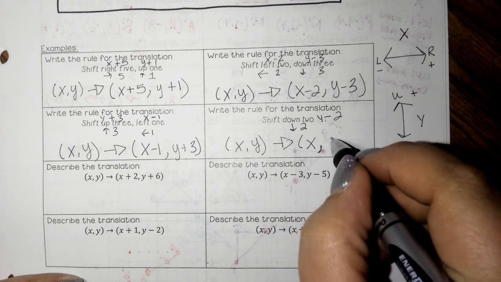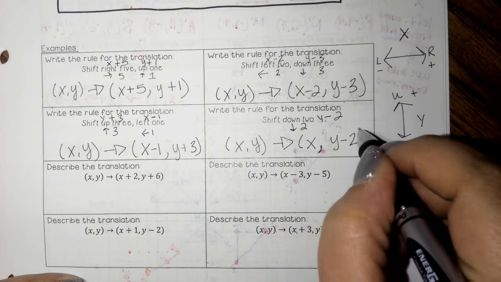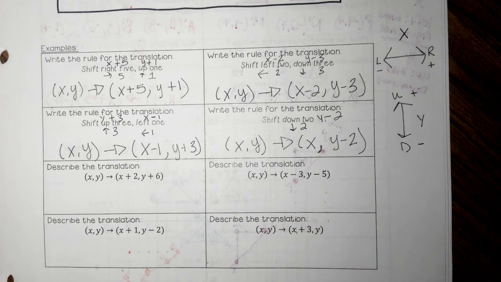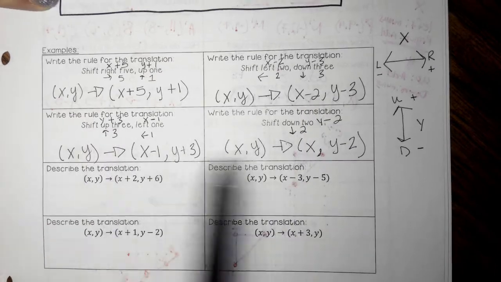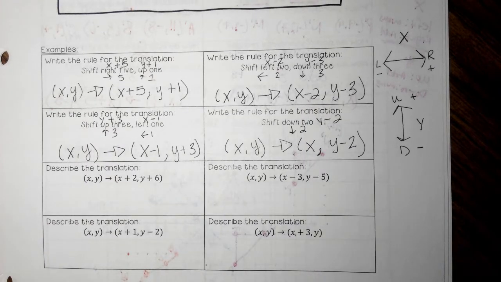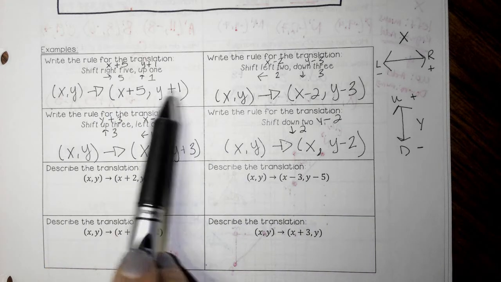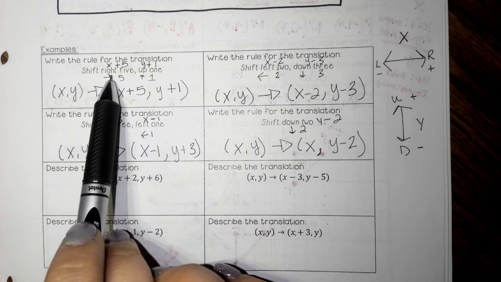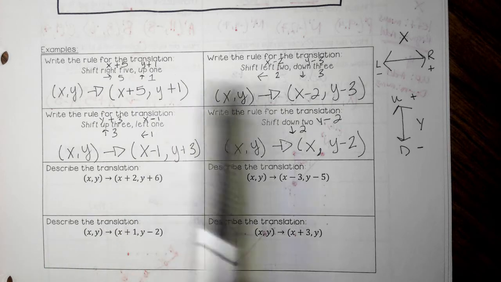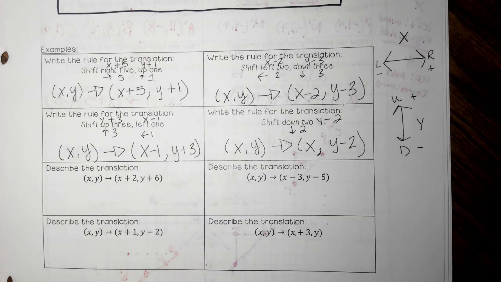The y values are what changes by subtracting 2. So here we have talked about some translations. We don't actually have the picture of what that looks like in front of us, but we can still talk about the algebraic rule and what's happening to the figure without actually seeing the picture.